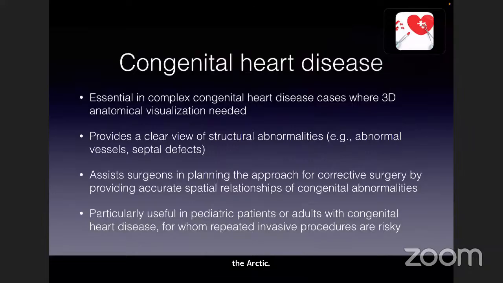Congenital heart disease. CT is essential in complex congenital heart disease where 3D anatomical visualization is needed. It provides a clear view of structural abnormalities, abnormal vessels, and septal defects, and assists the surgeon in planning the corrective surgical approach by providing accurate spatial relationships of congenital abnormalities.